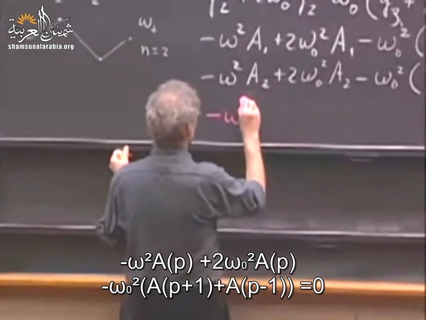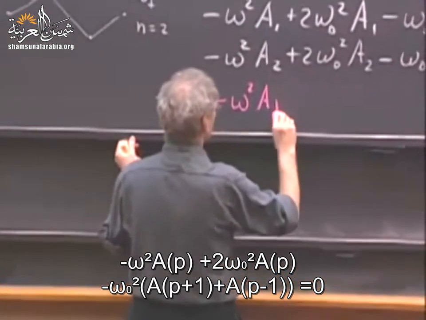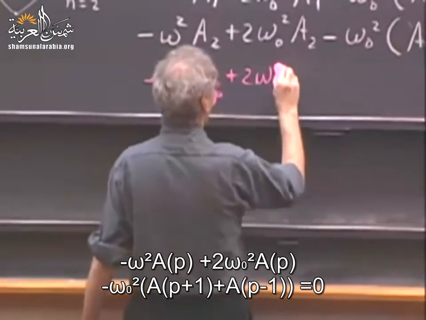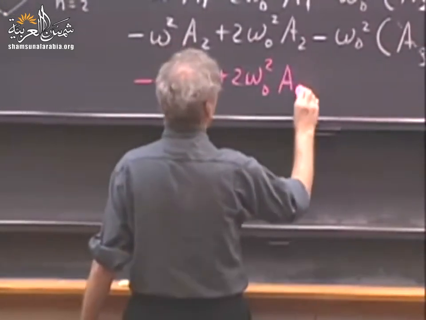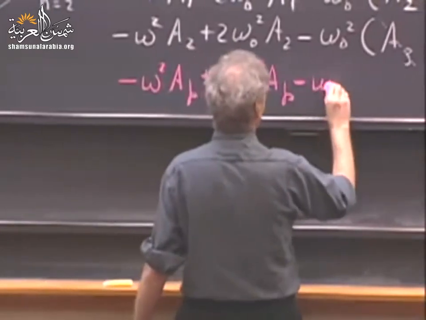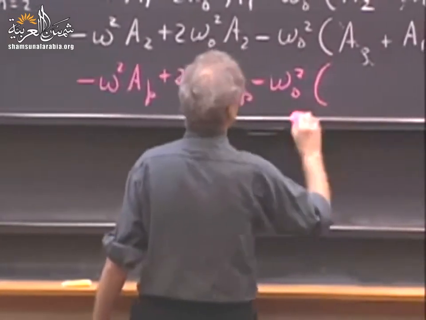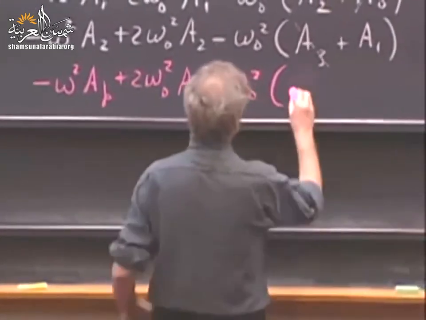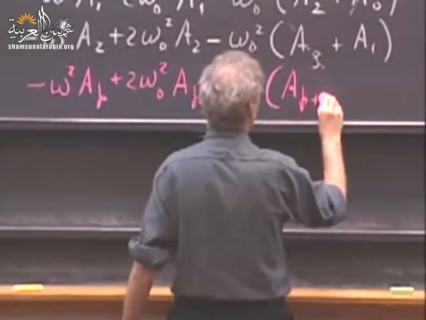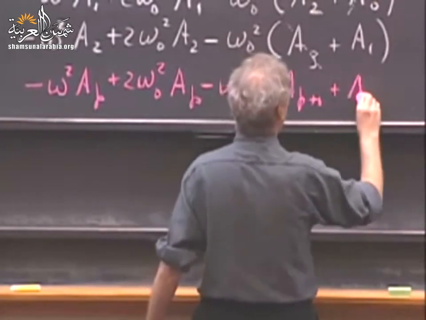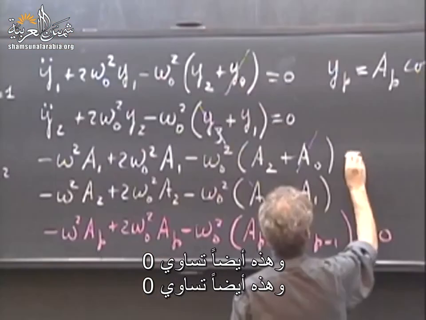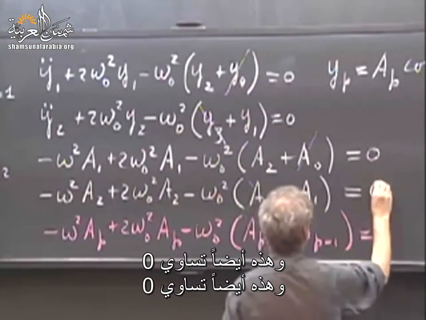Minus omega squared a_p plus 2 omega 0 squared a_p minus omega 0 squared times a_(p+1) plus a_(p-1), and that equals 0. Also this equals 0, and also this equals 0.